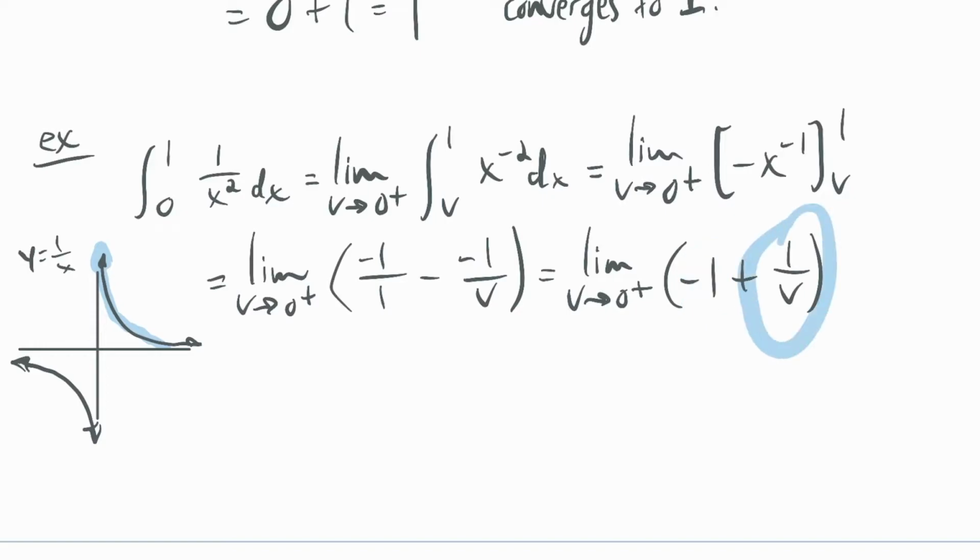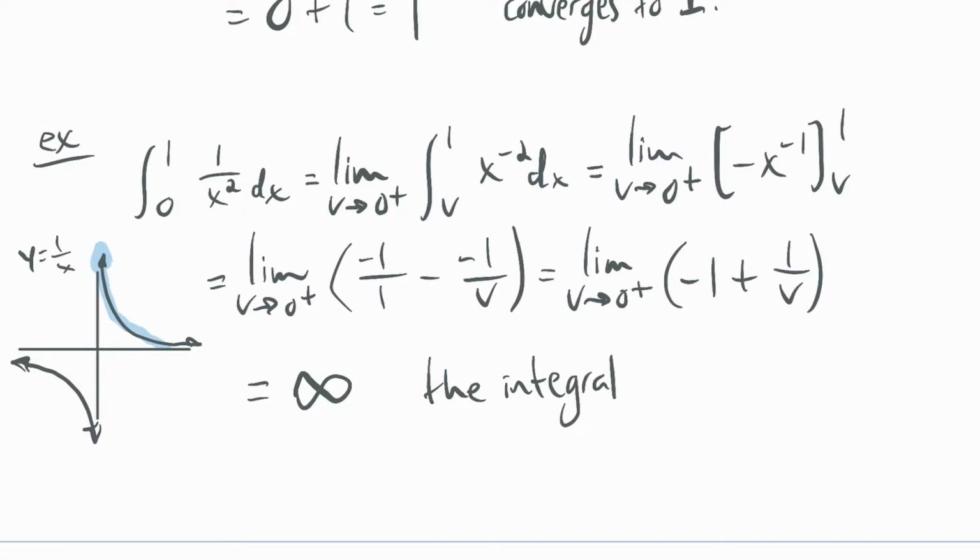This goes to infinity, so this diverges. So we'll say this limit equals infinity. The integral diverges, and specifically, it diverges to infinity, because you could have divergence to negative infinity if you had negative values.